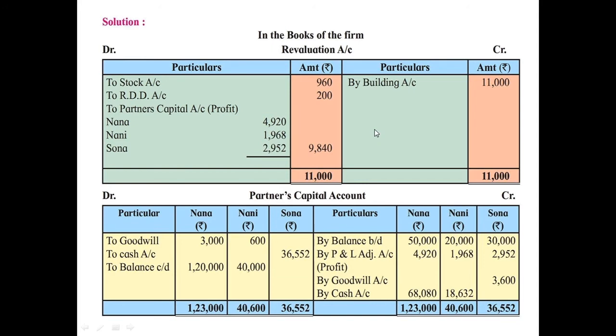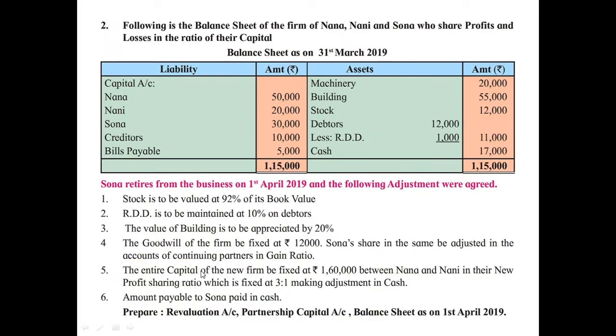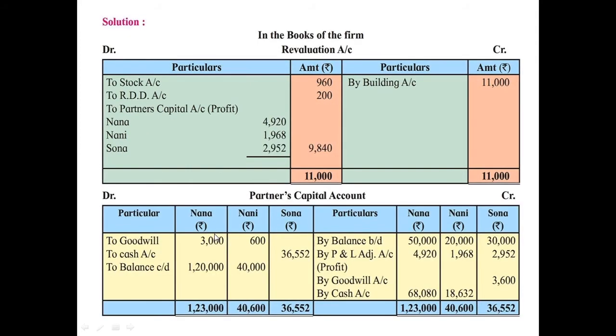Then you have to check other adjustments also, whether there is any increase or decrease in the value of assets or liabilities. We can see that only the first three adjustments were regarding the difference in the value of assets. So we can close our revaluation account.